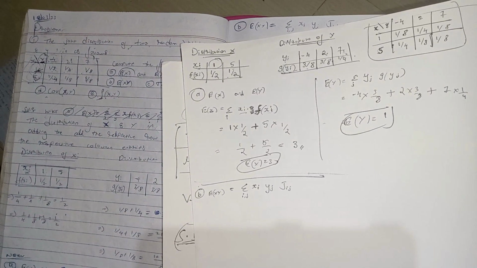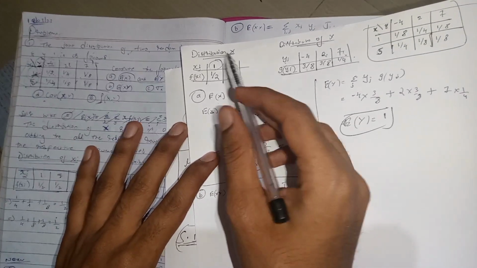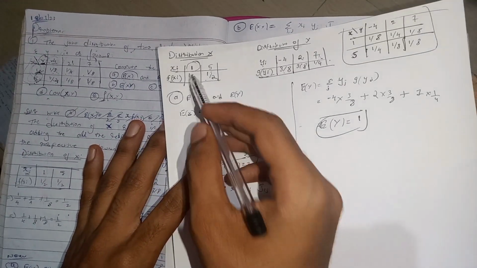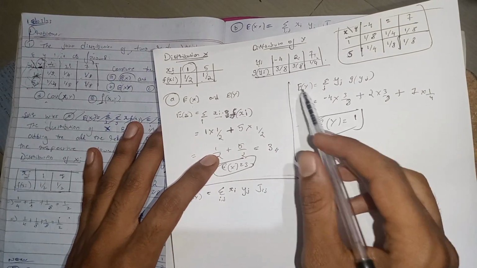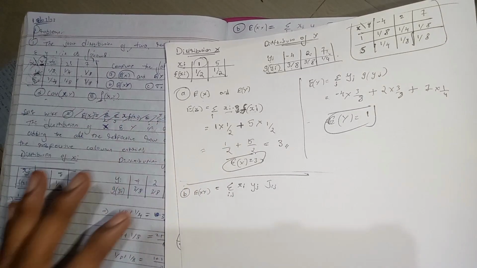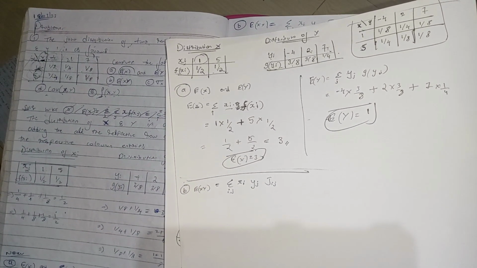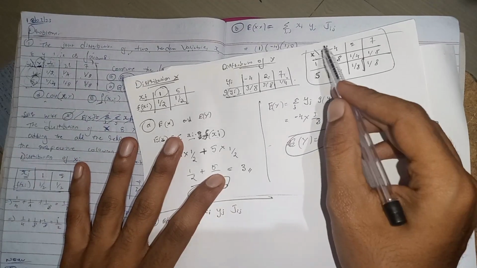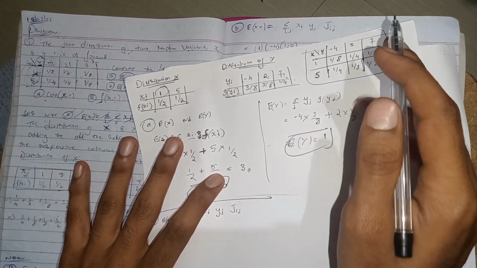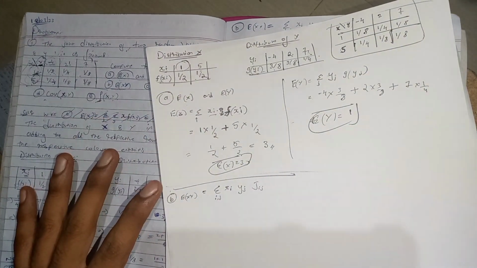Which table do I need to take? If we want to find E of x, we took the distribution table of x, and if you want to find E of y, we took the distribution table of y. Now here we want to find E of xy, so we need to take the joint distribution table of x and y, which they have already given in the question itself. Now how do I apply this?